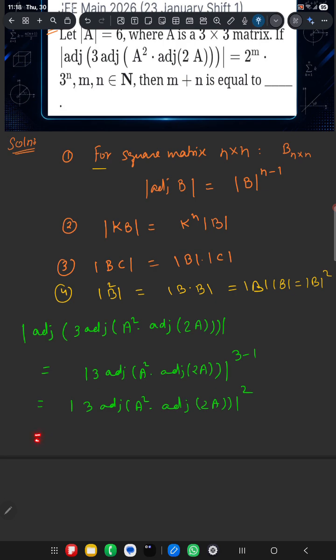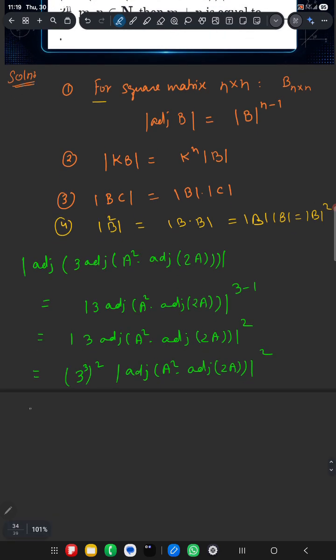Here we are using the second property. Then you write the determinant of the matrix, this A square into adjoint of twice of A, and the square was already there. Clear? So this will give you 3 power 6.